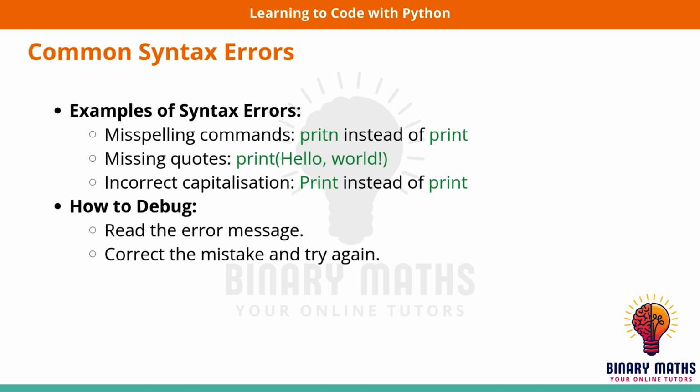Missing quotes around strings, like print and then hello world in the brackets without the speech marks, and incorrect capitalization, like the word print with a capital P instead of writing print in lowercase. To debug these errors, read the error message provided by Python, which usually indicates where the mistake is. Then correct the error and try running your code again.